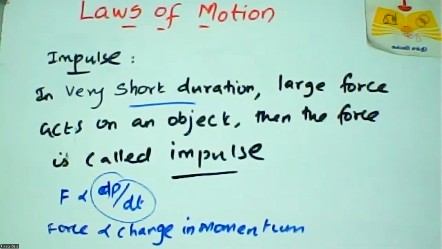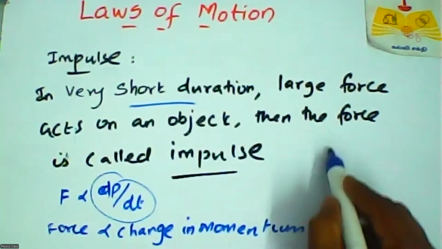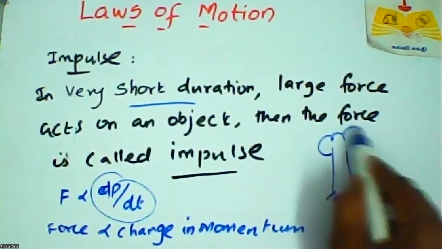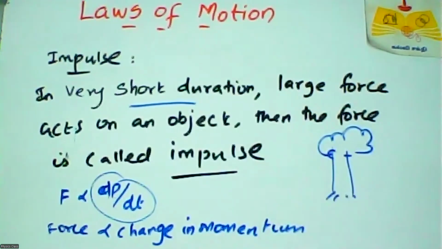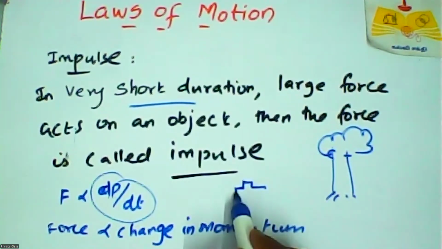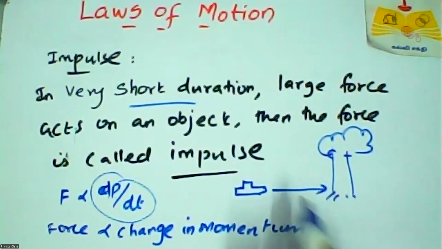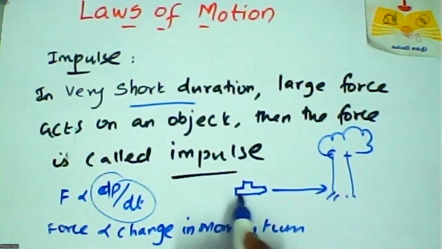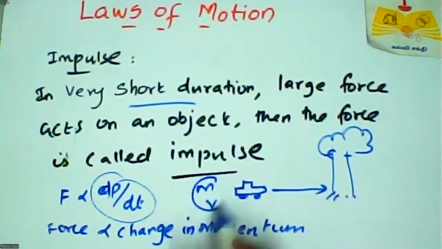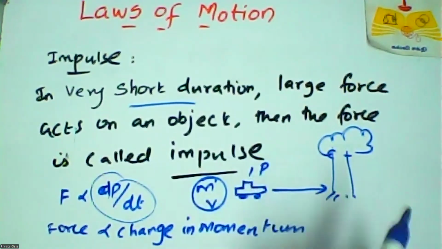For example, you can imagine here one tree, and suppose one vehicle is coming towards this tree. It already has mass and some velocity, so overall it has momentum.